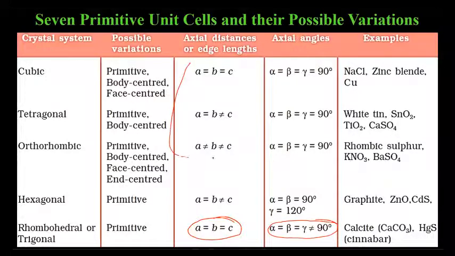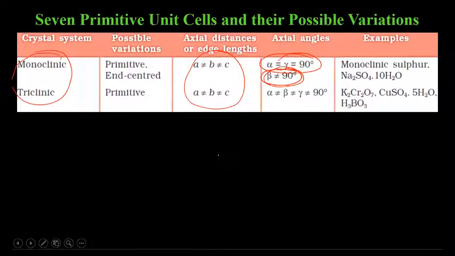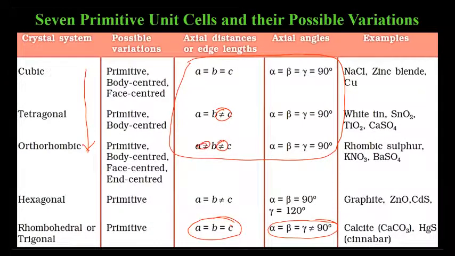These three are easy to remember. If you remember the sequence, cubic, tetragonal, and orthorhombic, the angles are 90 degrees, nothing to remember. First, A equals B equals C, then A equals B is not equal to C, and A is not equal to B is not equal to C. Easy.